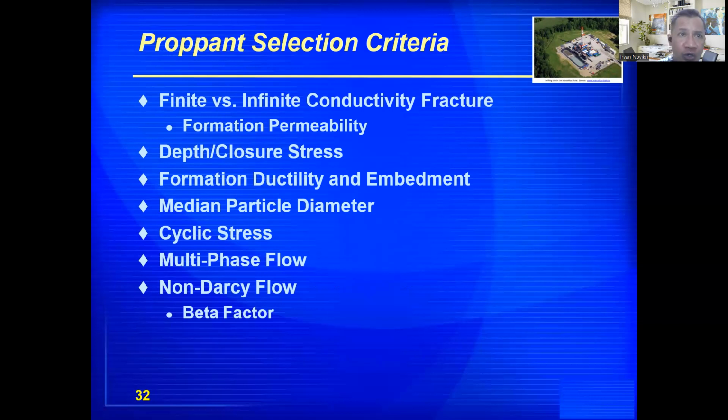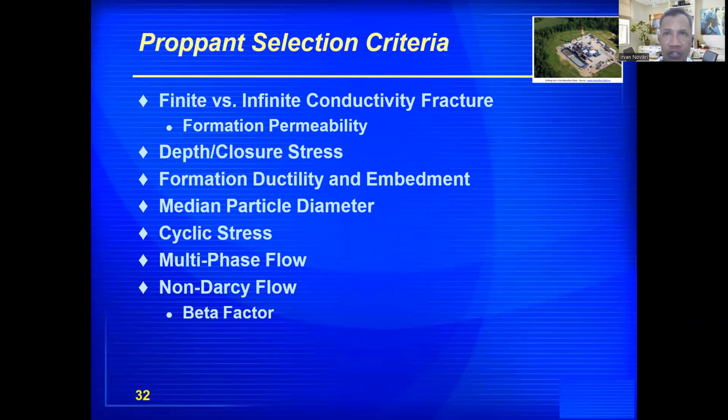So the more pressure you lose moving that oil and gas down the fracture, the more restricted your rate will be. Basically, when you say a fracture is infinitely conductive, it means there is negligible pressure drop to move the oil and gas from its entry point to the wellbore.